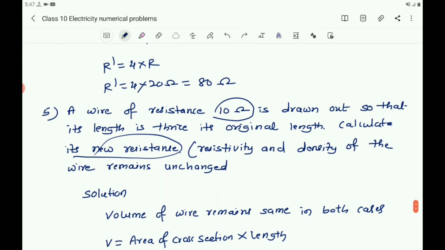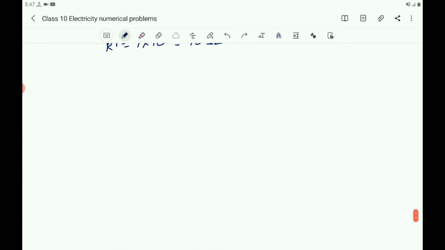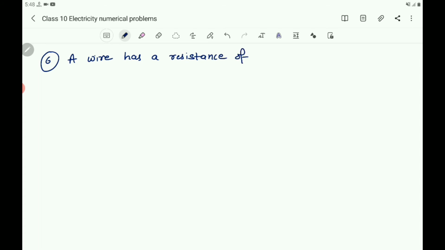It is the sixth question. A wire has a resistance of 16 ohm.